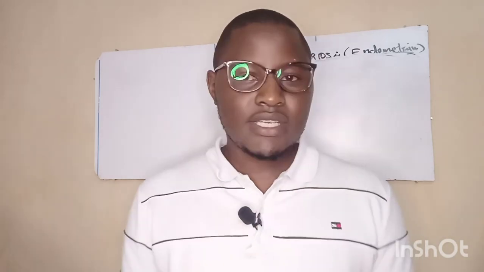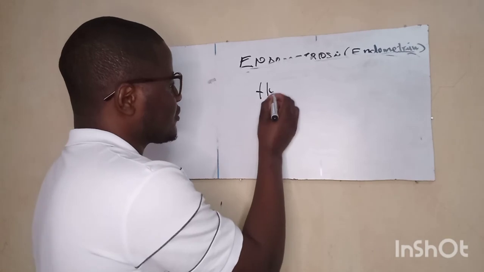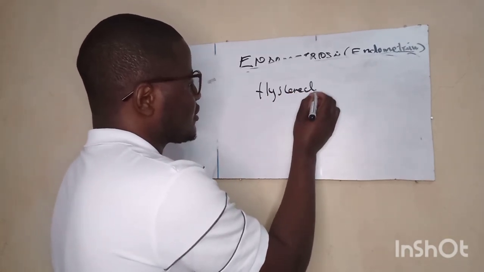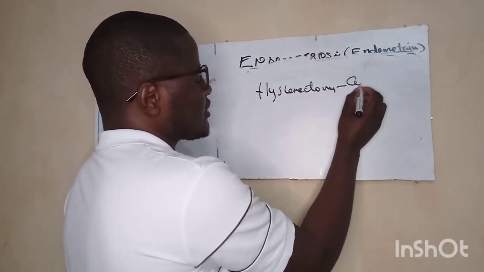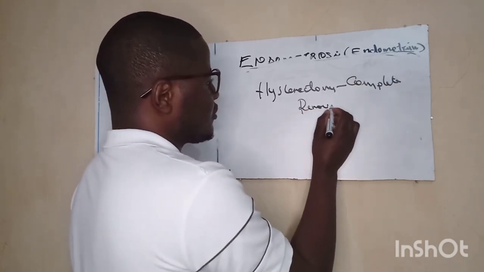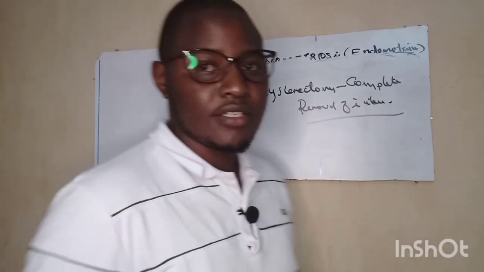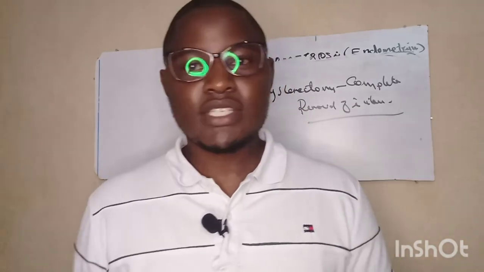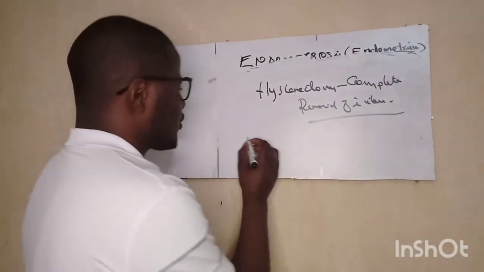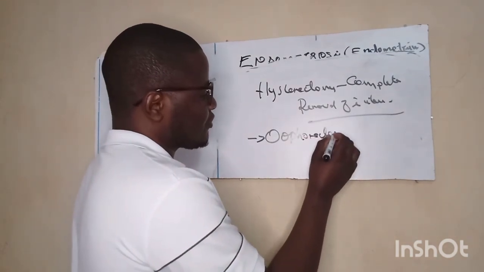If you are past the age where you want to get pregnant, in most cases we can perform something that we refer to as hysterectomy. This hysterectomy is the complete removal of the uterus. So we can just remove your uterus completely together with the cervix, and we can also have something that we refer to as oophorectomy.